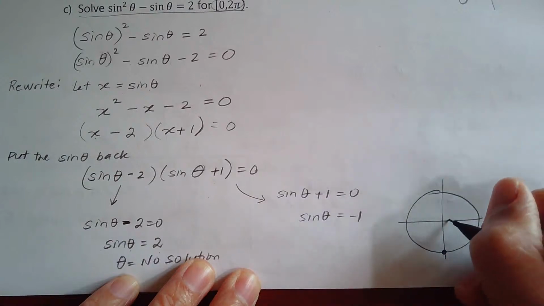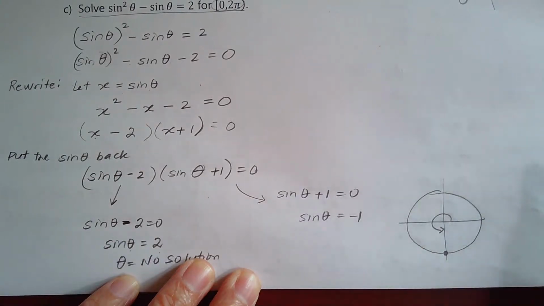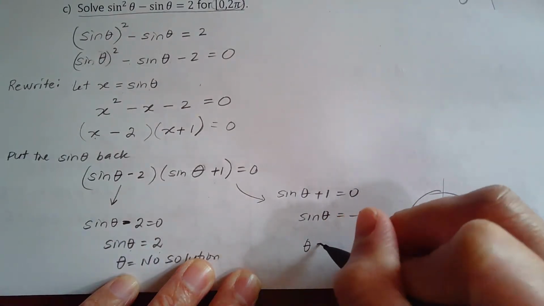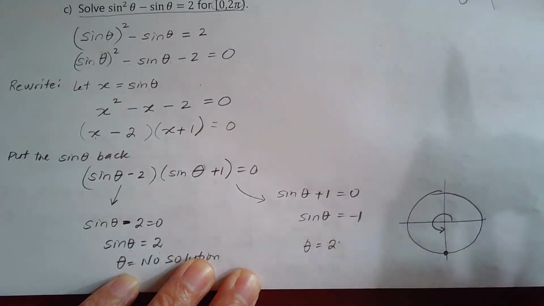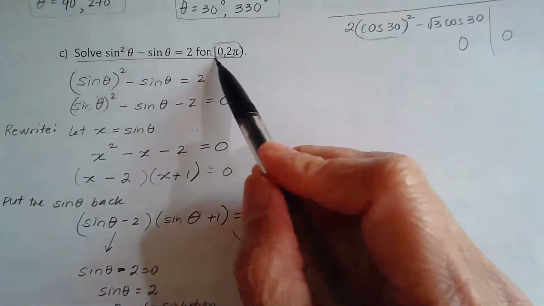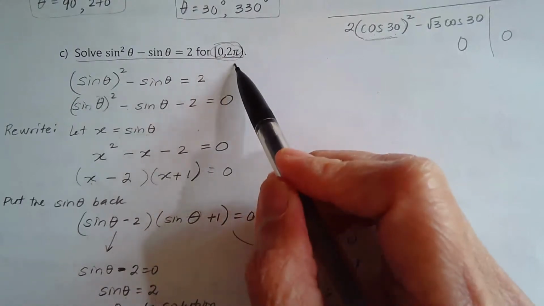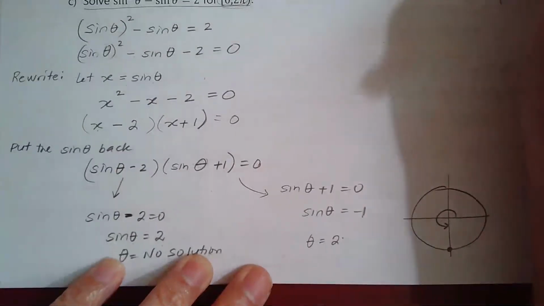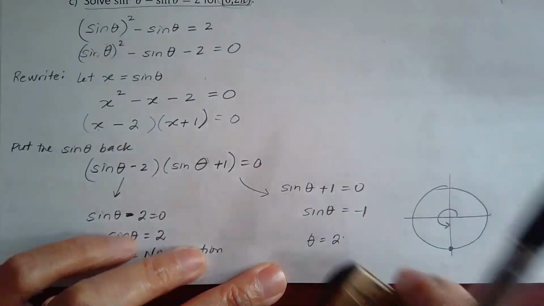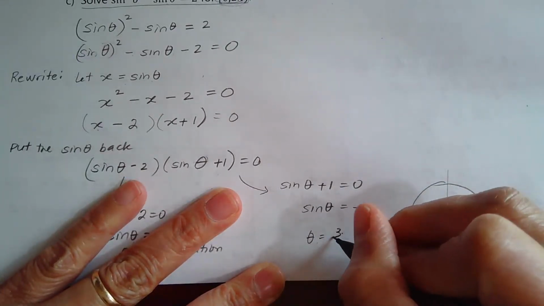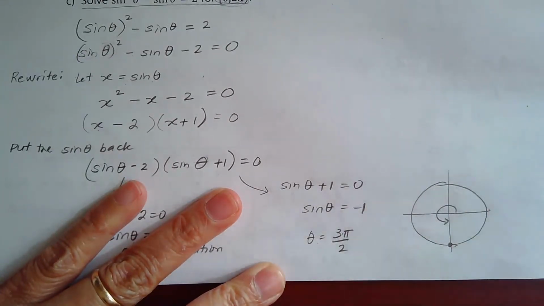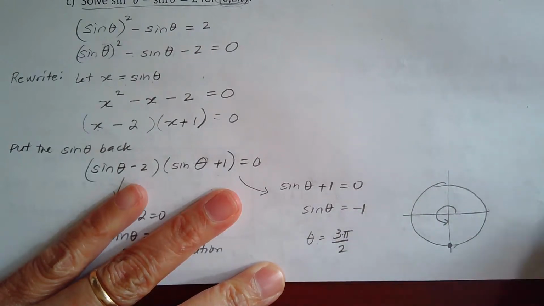What angle is that? The angle is in radians, so that part is 3 pi halves radians.